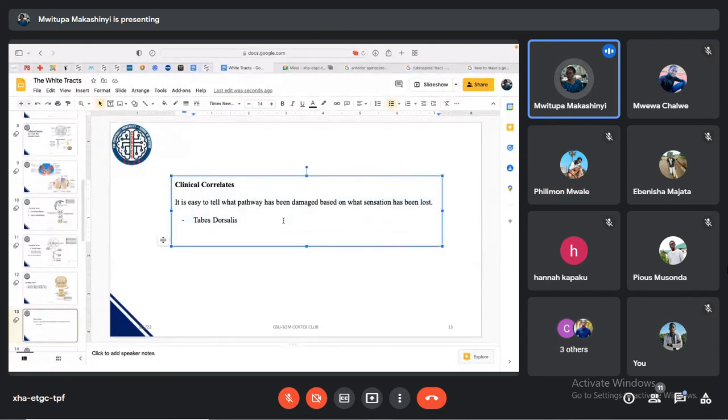So, backtracking a little bit, the white tracts are responsible for, like we said, there's the ascending tracts and the descending tracts. The ascending tracts are sensory, the descending tracts are motor. So when you lose the control that you have over sensation, it means that there are certain stimuli, and we've just spoken about proprioception, right?